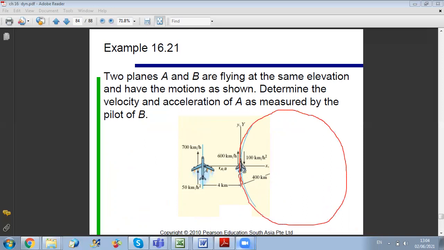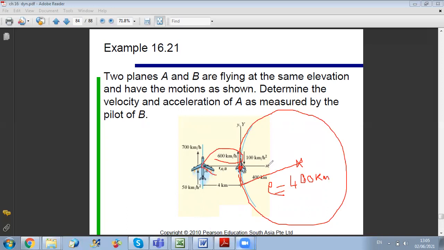Plane B is doing what? It is doing circular motion, okay? And this circular motion is of known radius. So I know that the radius rho for airplane B is 400 kilometers, and at this instant, when it is at this position, the velocity is 600.